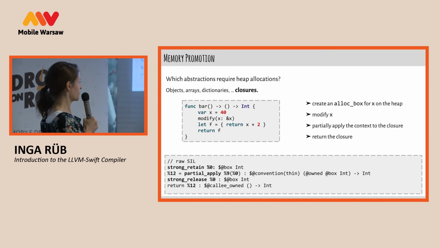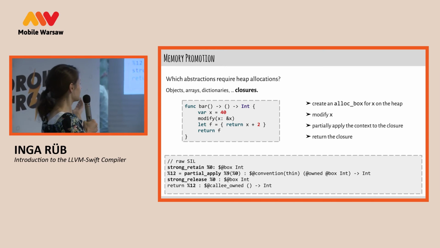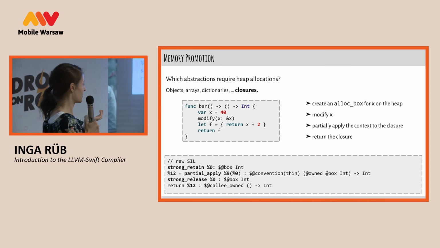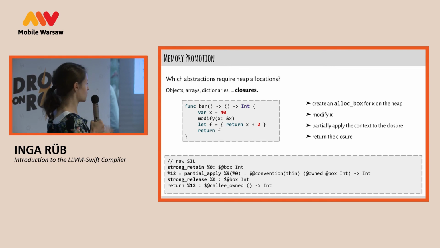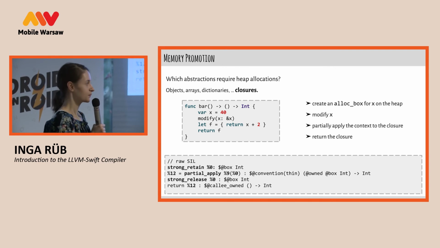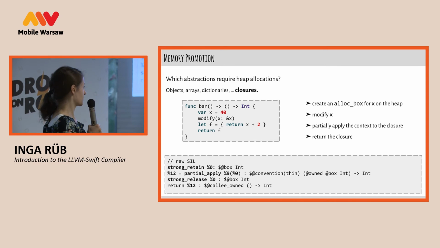We can see that here we have this partial_apply instruction. Earlier, before we partially applied our argument, we did something like strong_retain. And strong_retain and strong_release refer to reference counting. So also these are additional operations we would like to avoid. And then we return the closure.